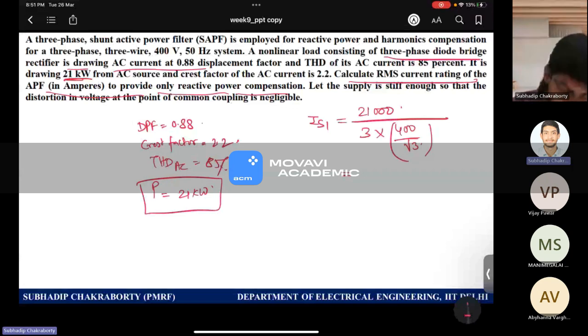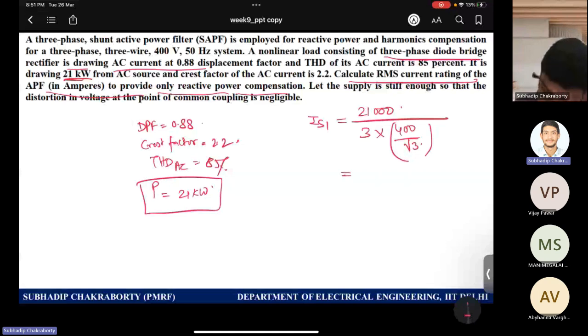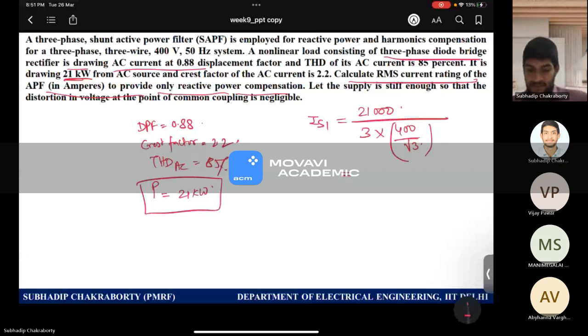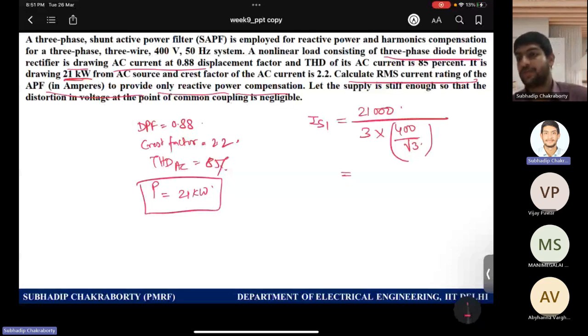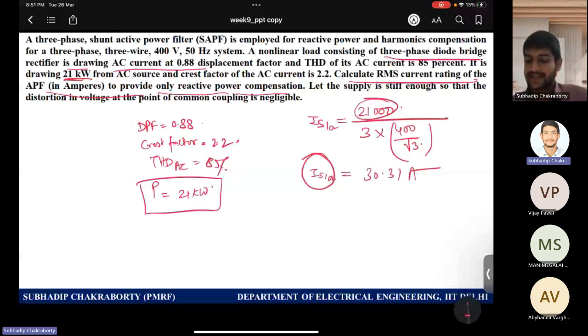Now this IS1 is actually the active component. Please understand. It is not unity power factor. So don't confuse, we are just trying to determine the fundamental component with respect to the active power. So this is always the fundamental component, but the active component when you are trying to determine IS1 with respect to active power. So it is 30.31.